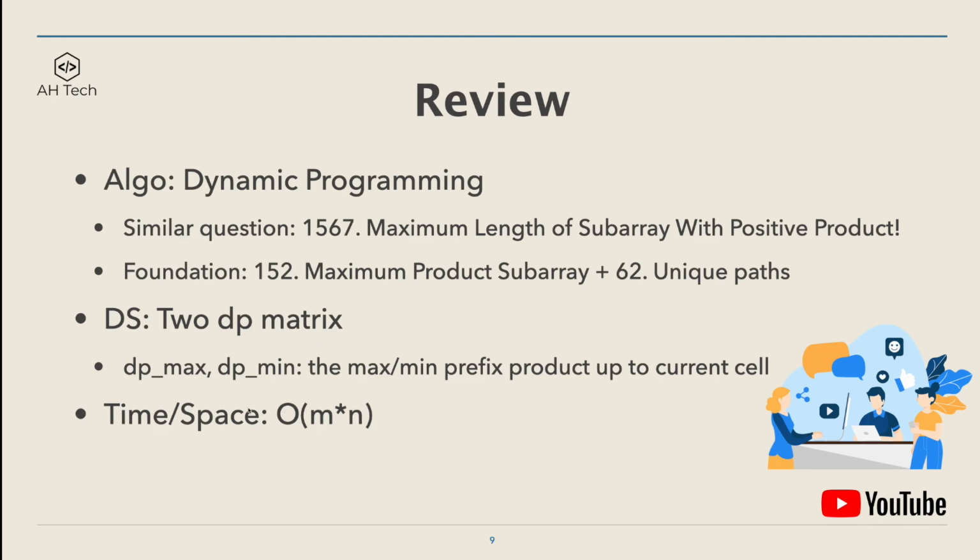The main purpose of DP min is to keep the most negative product along the way, because the most negative product might become the maximum positive product later on. Time and space complexity for this solution are both big O of m times n, because we have to loop through the whole matrix.